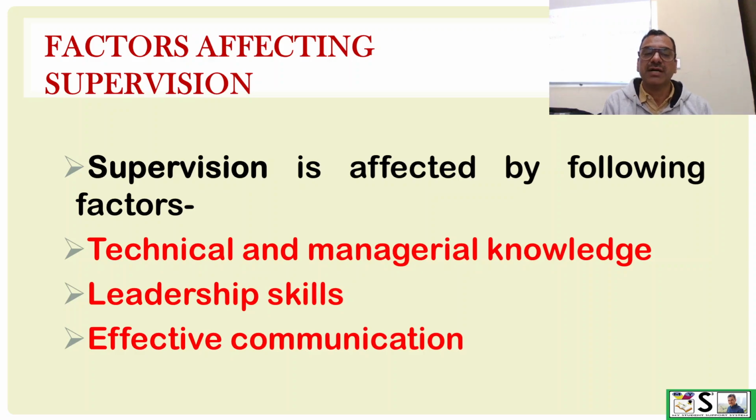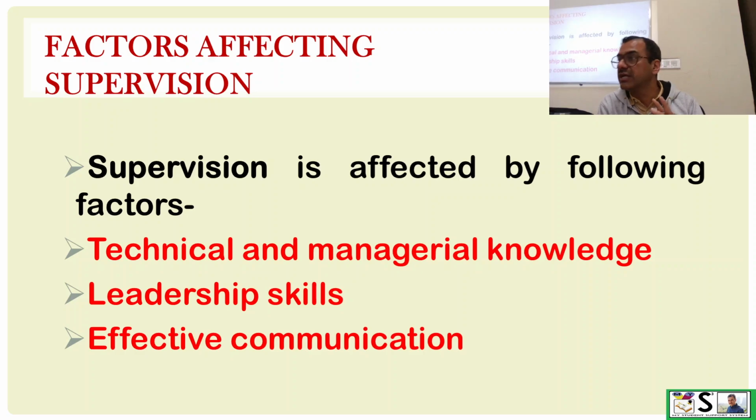Supervision is basically affected by these factors. Number one, technical and managerial knowledge of the supervisor. How knowledgeable is the supervisor? It depends. Second, leadership skills or leadership qualities of the supervisor.